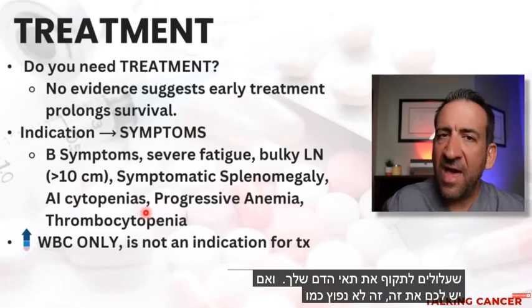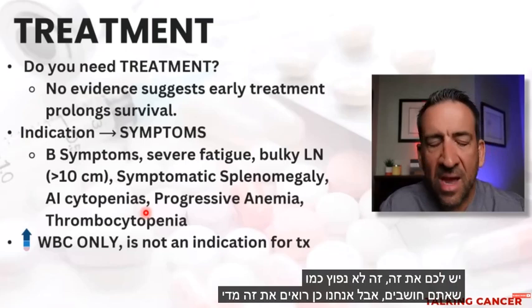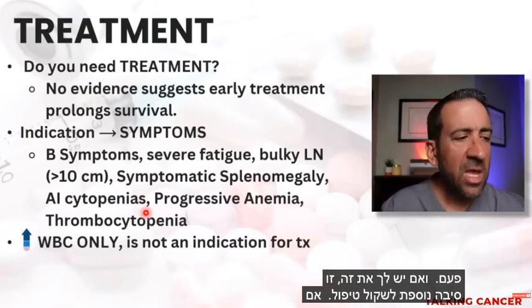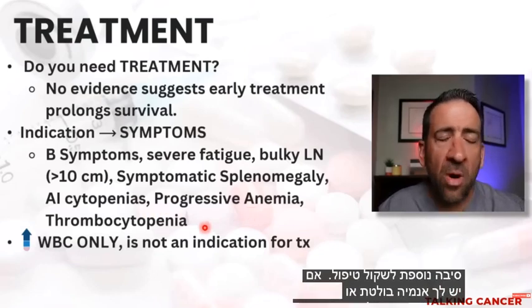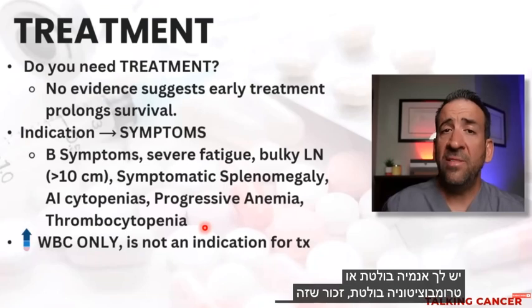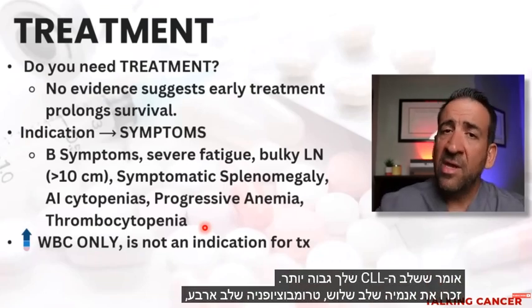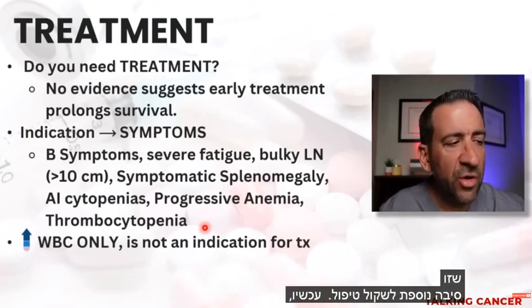It's not as common as you think, but we do see it from time to time, and if you have that, that's another reason to consider treatment. If you have pronounced anemia or pronounced thrombocytopenia, remember that would mean that your CLL stage is higher up. Remember, stage 3 anemia, stage 4 thrombocytopenia. That would be another reason to consider treatment.